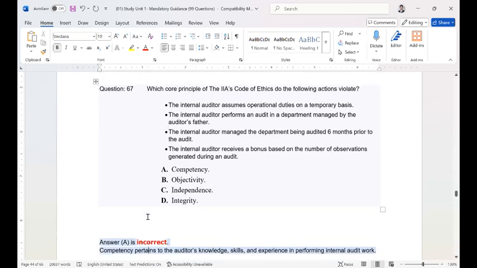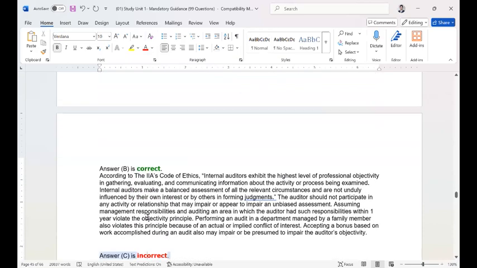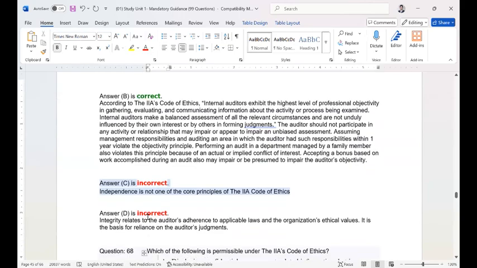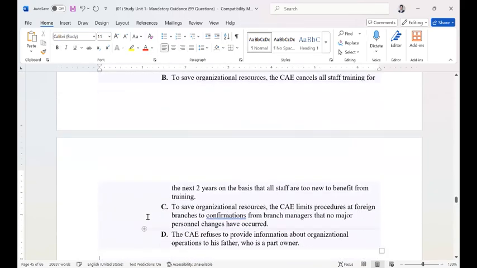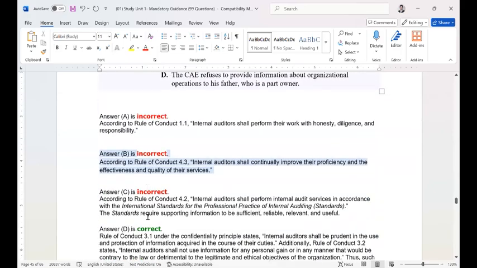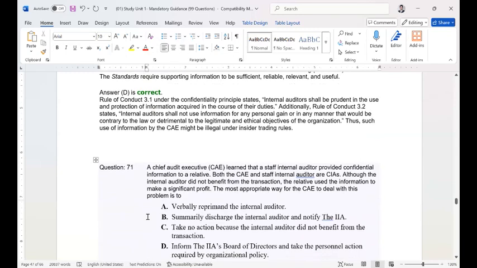Is it? Yeah, it's B. Your judgment can be impaired. Question number 71. We will stop with that today. Can you read this question number 71?